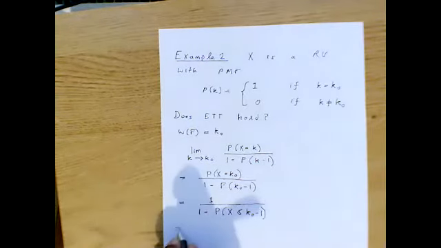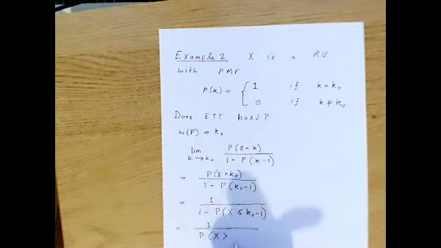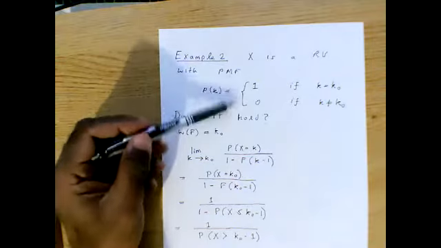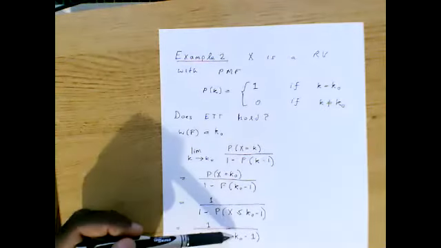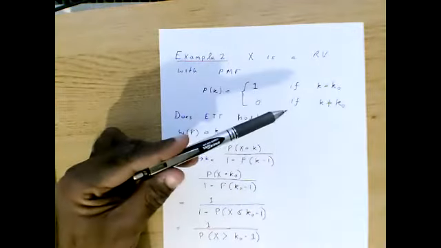Now 1 minus this probability is going to be the probability that x is greater than k0 minus 1, right? Once again, if you look at the definition of the distribution, if x is greater than k0 minus 1, the only value x can take is k0.